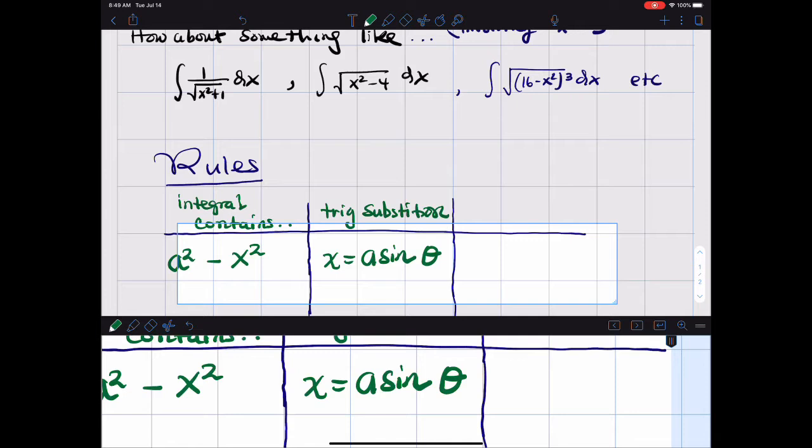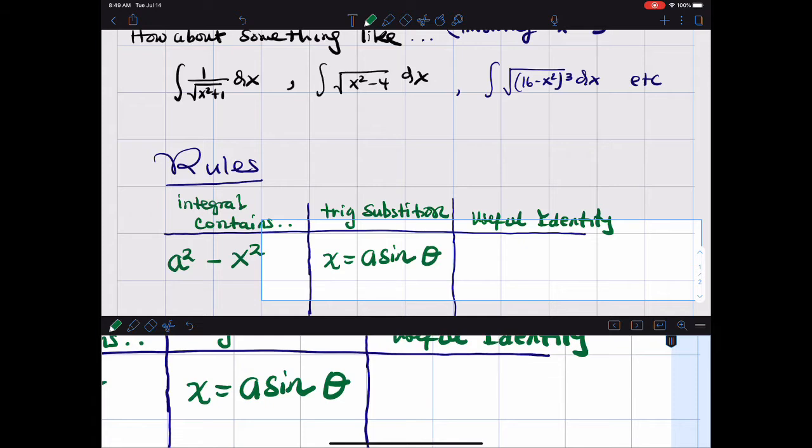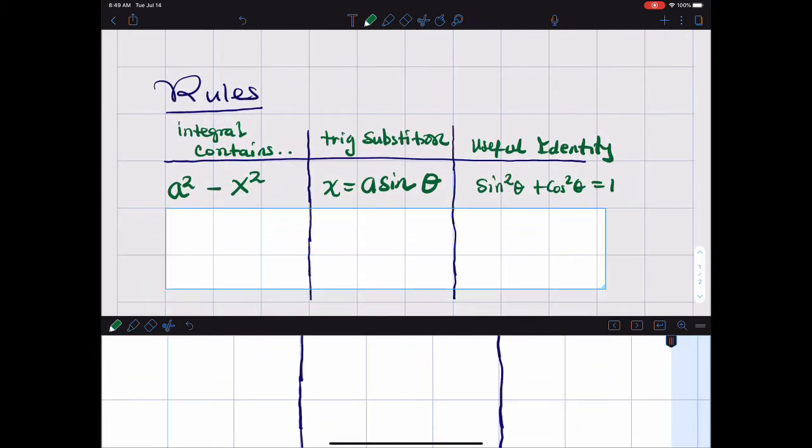All right. And a useful identity to remember would be sine squared theta plus cosine squared theta is equal to 1. All right.